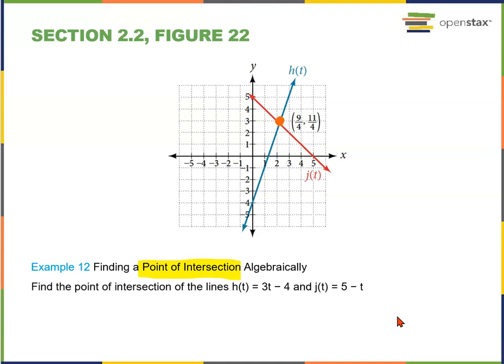Now algebraically, how do we solve the point of intersection given these two equations of the lines? h of t equals 3t minus 4 and j of t equals 5 minus t.